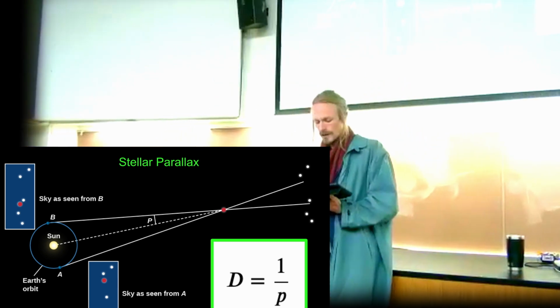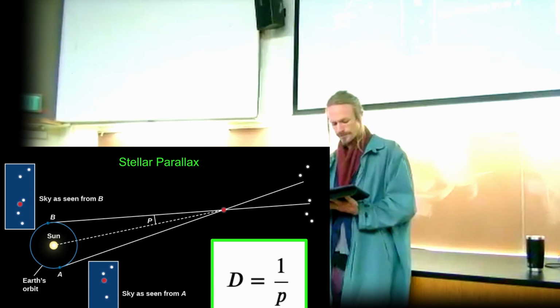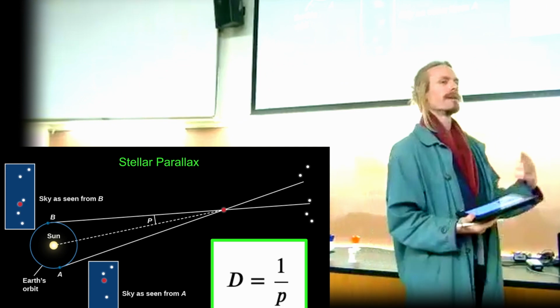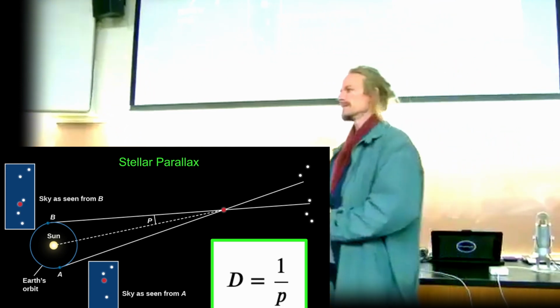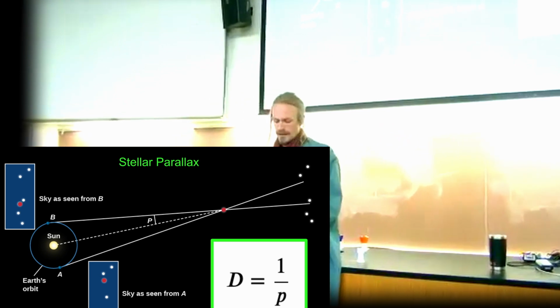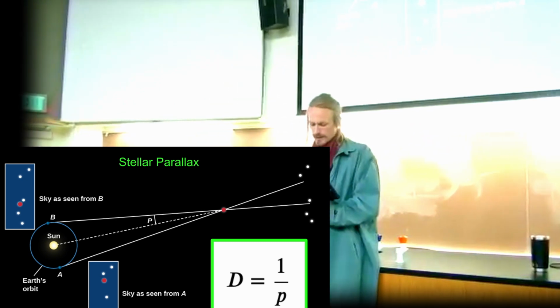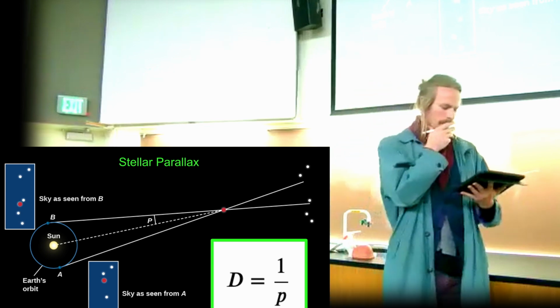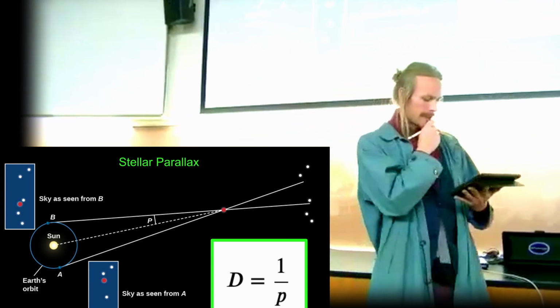One of the ways astronomers shorthand distances is by just listing this parallax. And they do this with this concept of parsec.